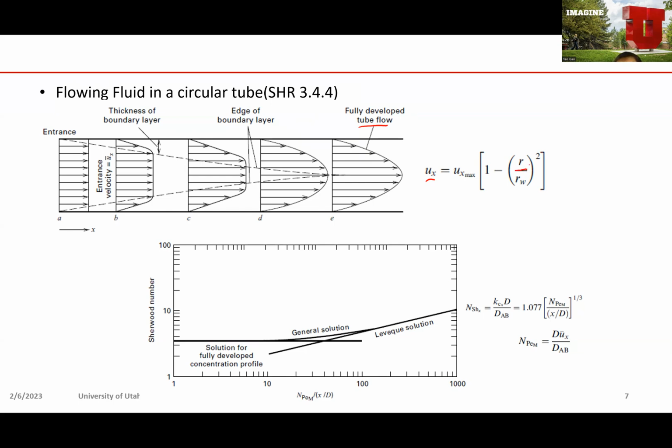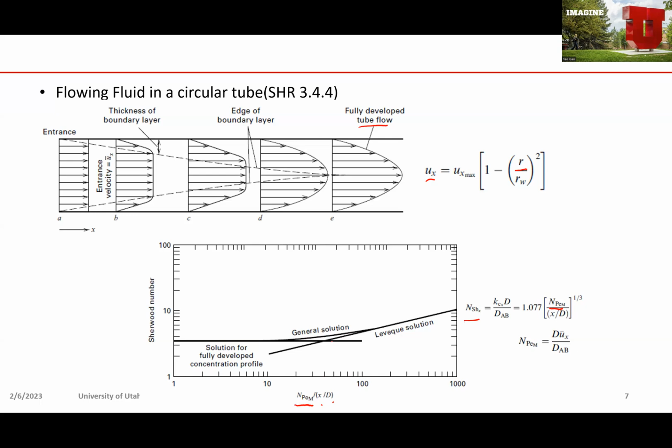So we know this. In this case, the Sherwood number is basically dependent on the mass transfer Peclet number, by this equation again, and it can be plotted into this kind of figure. So you find out the Peclet number, the x and d. Then you go to this figure and you find out the Sherwood number.